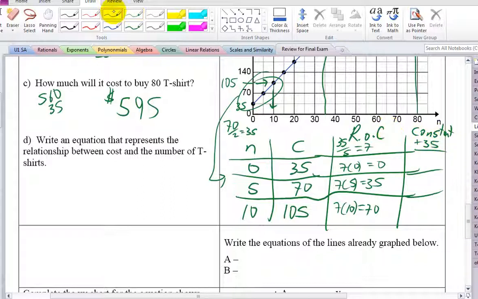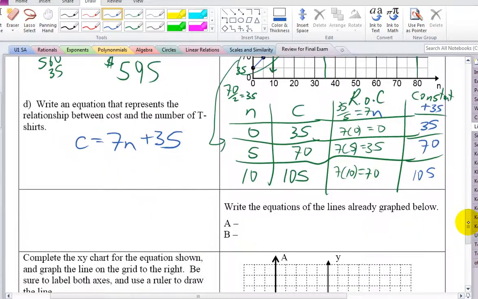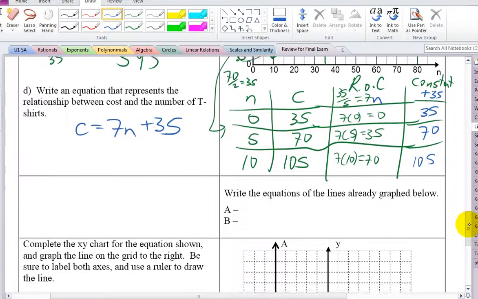So your constant is plus 35. And then we get 35, 70, 105. So looking at the top column, the cost equals 7n. I didn't write my n there, but it's assumed to be there. Plus 35. Hands up if you got that. Awesome.